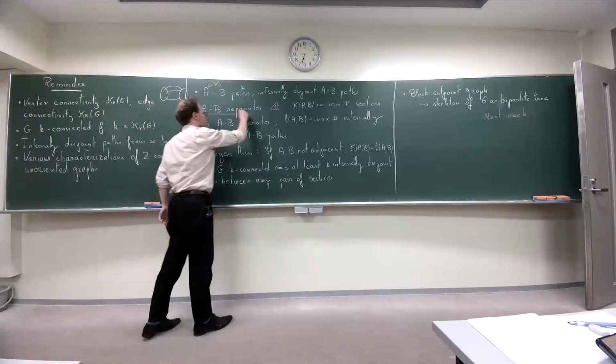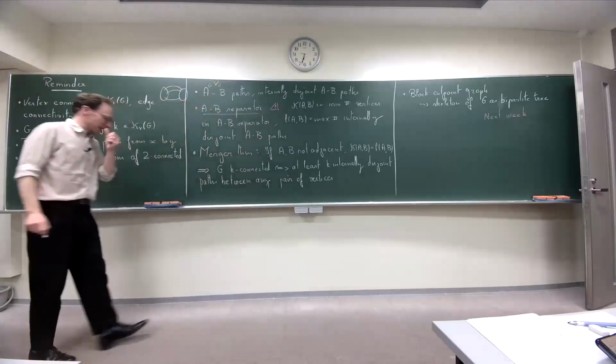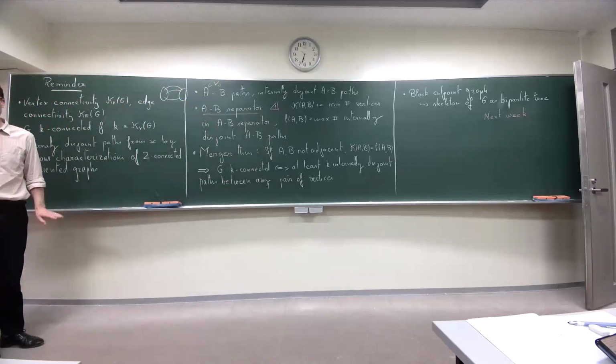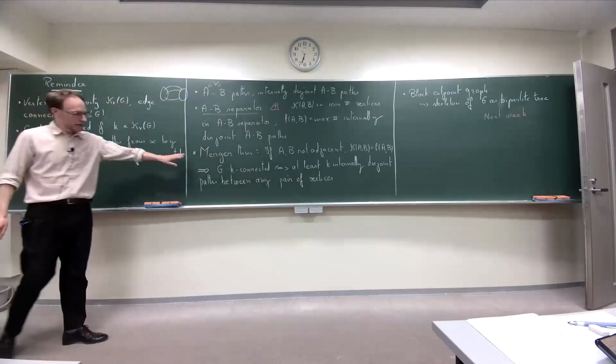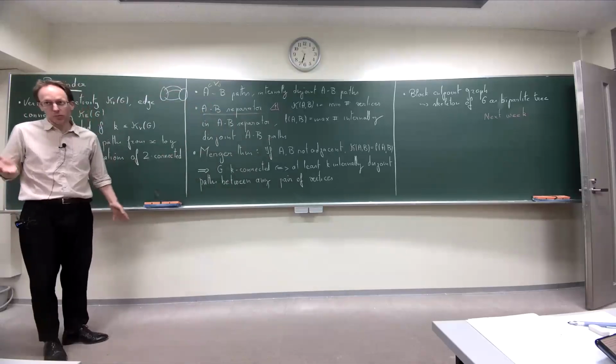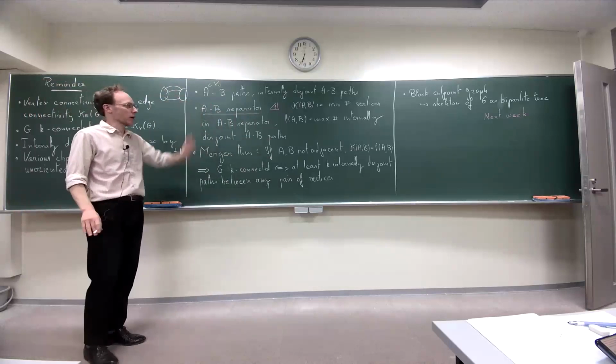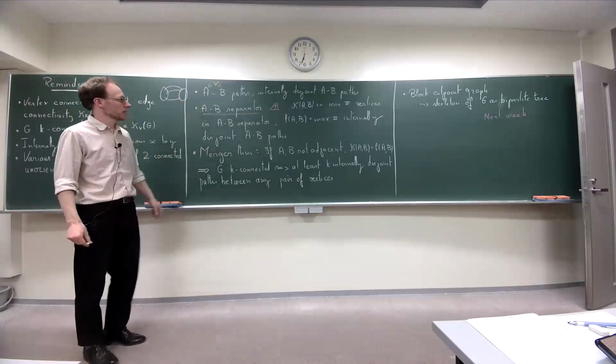Be careful, the notion of AB separator I just mentioned last week, I gave a precise definition. If you slightly change the definition, you are going to get some contradiction. This is an important point in mathematics: always be very precise with definitions, otherwise you are going to face troubles.